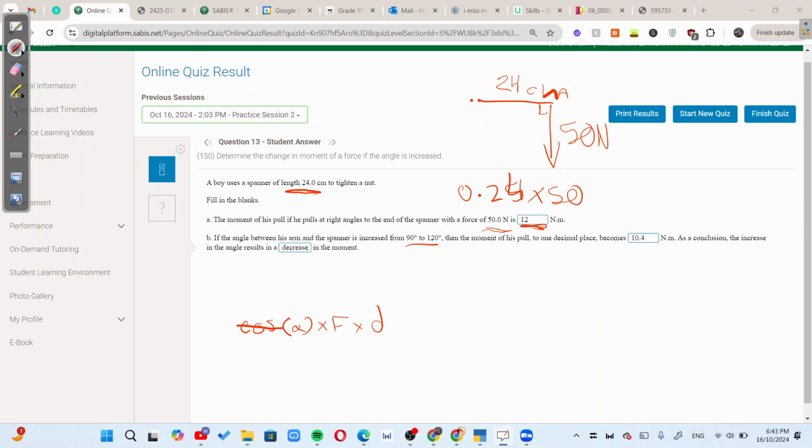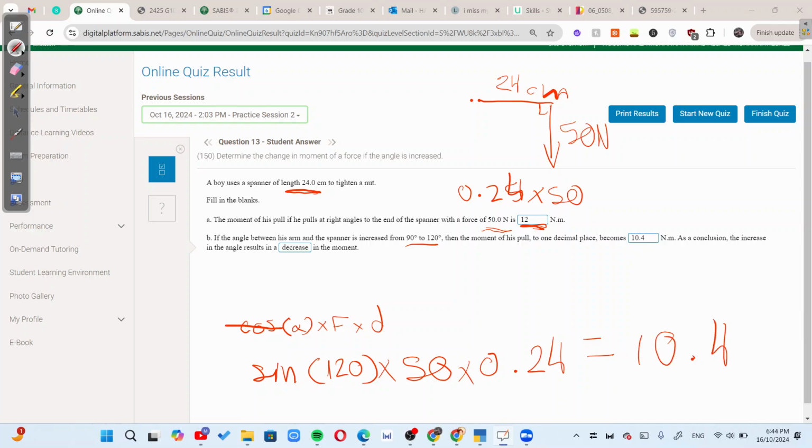So what we do is we change it from cosine to sine. Sine 120, which is your angle, times the force 50 times 0.24. Really quickly, I'm gonna do it in my calculator. Sine 120. You're gonna get 10.4 when you round it.